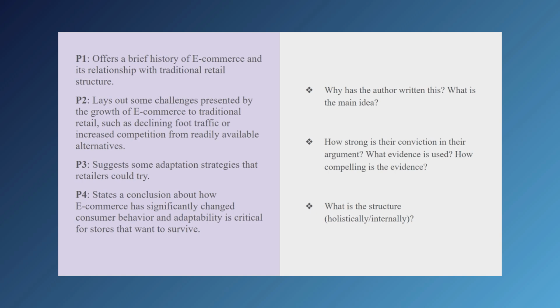So in this case, it introduces an innovation, discusses some consequences of the innovation for a pre-existing structure, traditional retail model, offers some potential solutions, and finally reiterates that the innovation has significantly altered the consumer landscape and ignoring these changes is not an option.